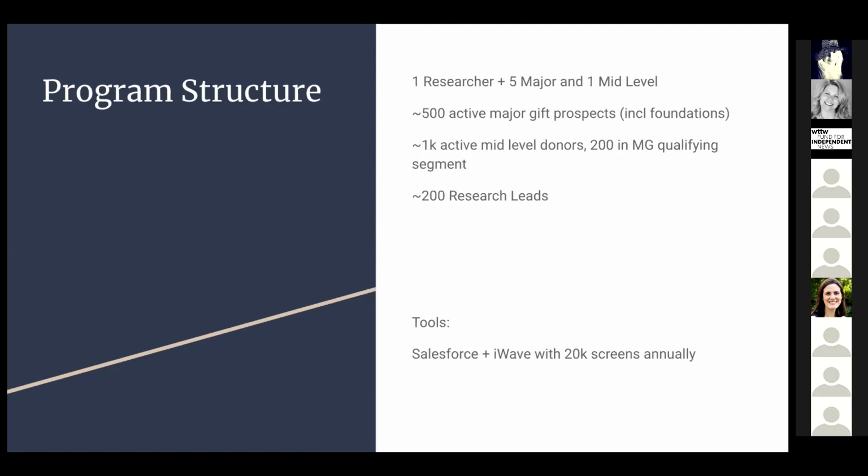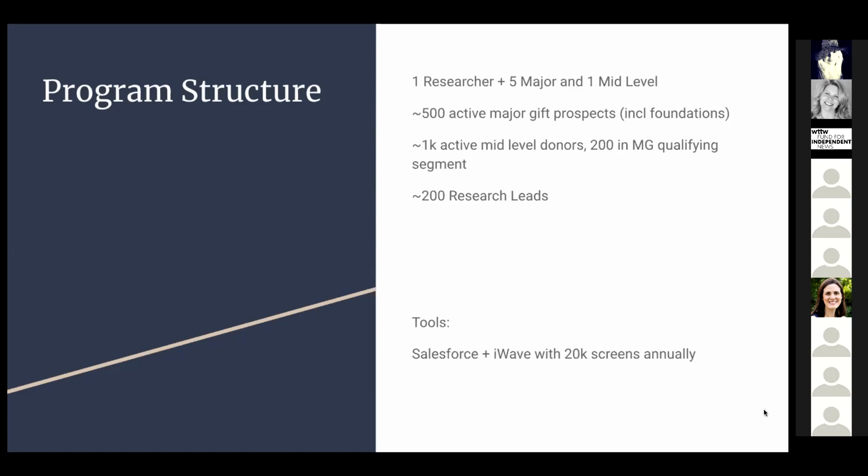I'm a huge fan. We buy 20,000 screens annually, which is about right for us. If we were pre-campaign or something, we would want more than that to do a big, massive screening of our database, but 20,000 annually, I can get by with doing a few project screens here and there, and then doing the constant weekly screens that I'll talk a little bit more about.